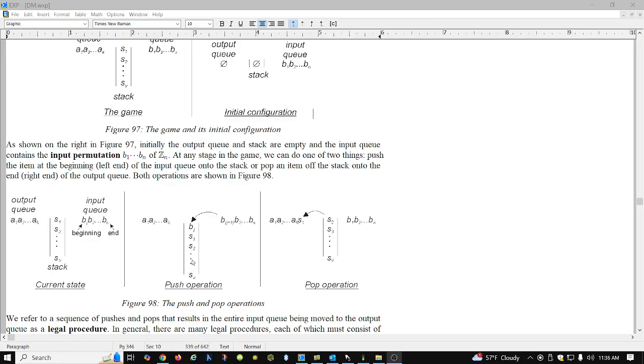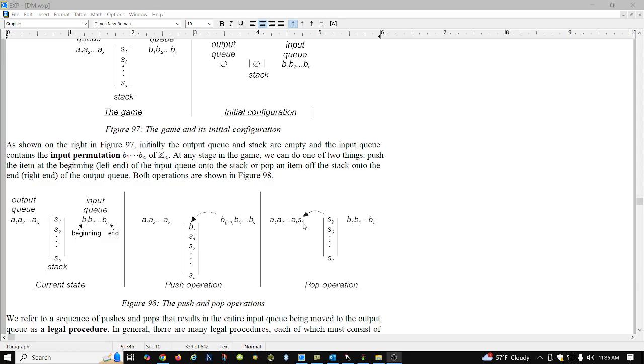When you pull a dish off, all the remaining plates move up one. So to put one on, you have to push down on the existing plates in order to add the next plate. Okay. You can also do a pop operation. You can pop the top of the stack onto the end of the output queue.